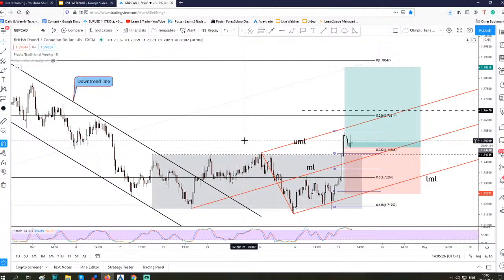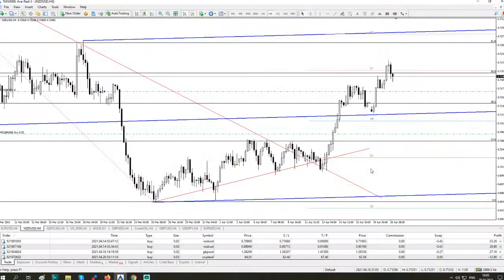Okay, and as I've told you, let's take a look also at the New Zealand dollar versus the US dollar. As you already know, we have a buying position here. We closed half, but we still have 50% in this pair. So we decided today to move our stop loss right below this former low, to lock in plus 86 pips.